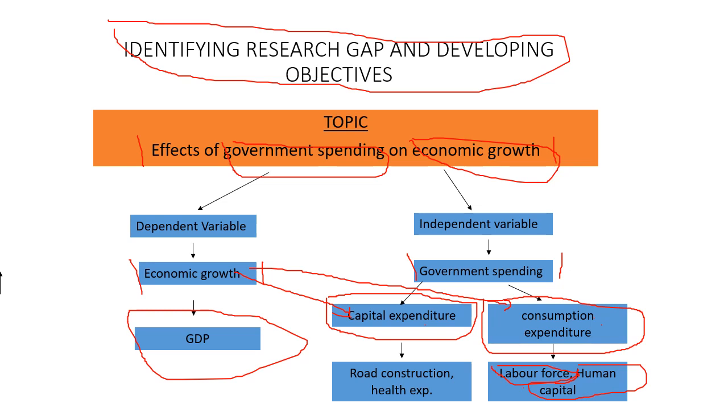And the effect of government consumption expenditure on economic growth. So that in the data analysis, we represent capital expenditure with these variables and consumption expenditure with these variables. This is simple, and I hope all of you have clearly understood.